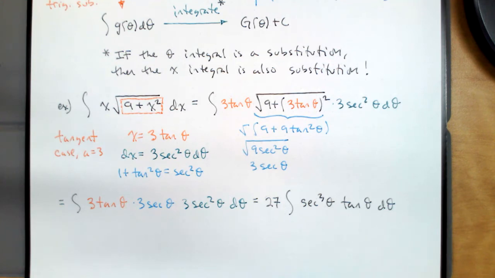So we can try secant. If w equals secant, then dw is secant and tangent. So I'll save 1 factor of secant and 1 factor of tangent to be the dw. I have that here, so that's the substitution I want to make.